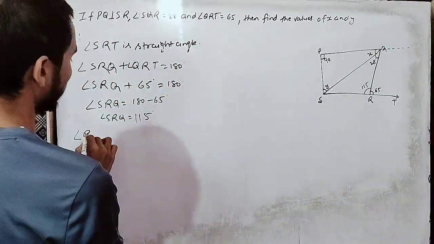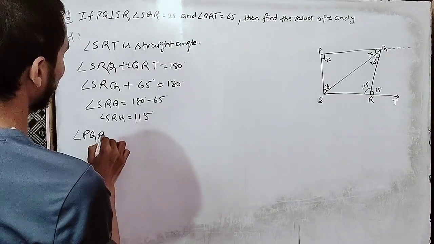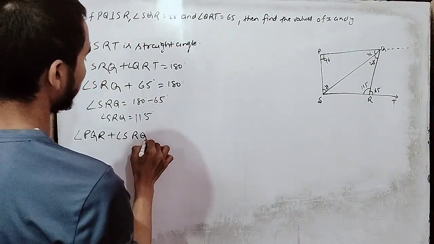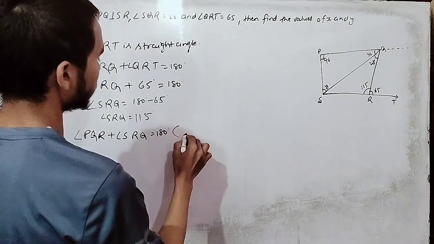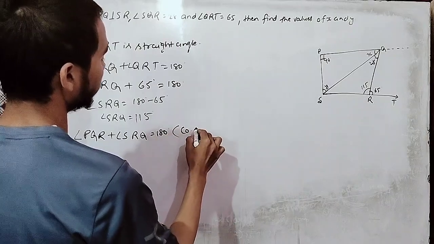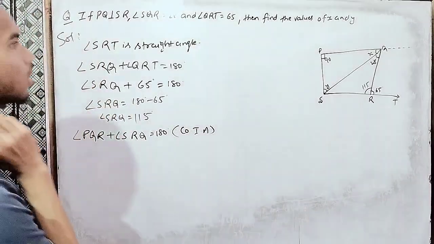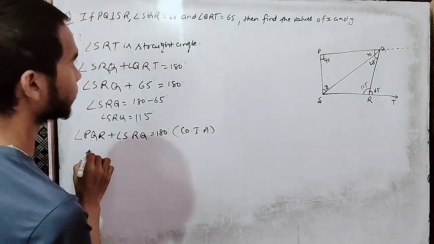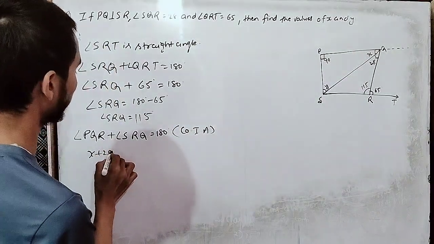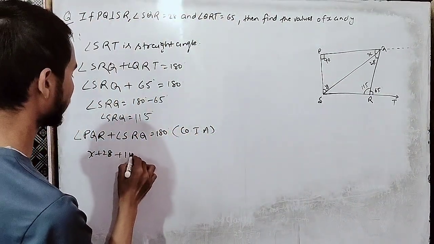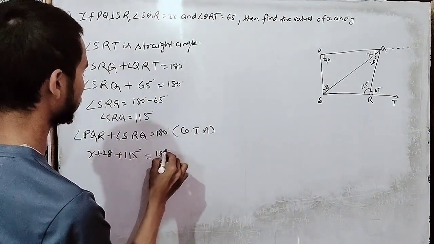Angle PQR and angle SRQ sum to 180. The reason is co-interior angles. So x plus 28 plus 115 equals 180.